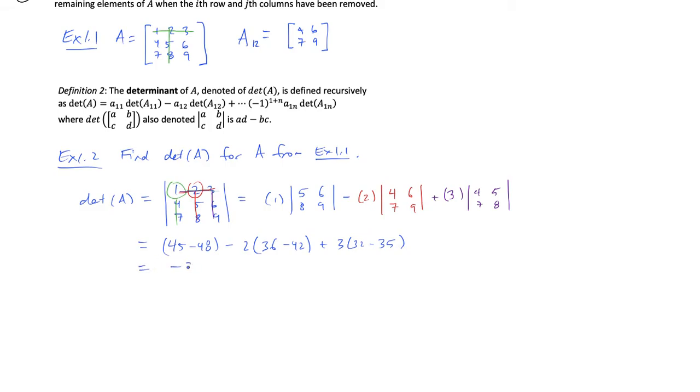And this is negative 3, this is negative 6, and this is negative 3, excuse me. So we have negative 3 plus 12 minus 9, which is 0.